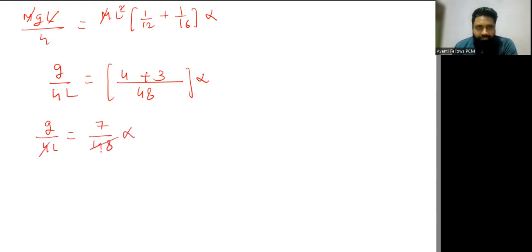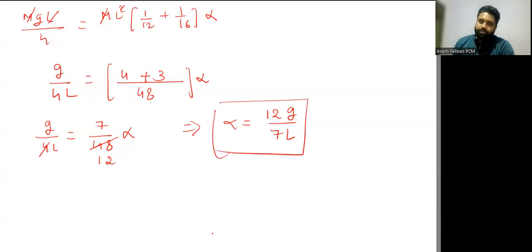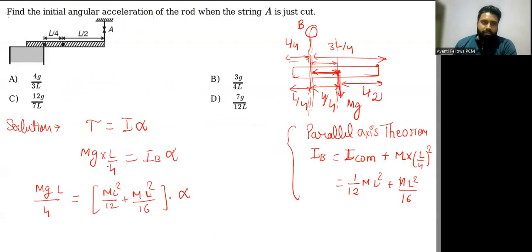You can cancel this 4 with this 48, which is 1 into 12 for the 48. So finally, you have the expression alpha equals 12g by 7L. So this is the correct option. 12g by 7L is the correct option.